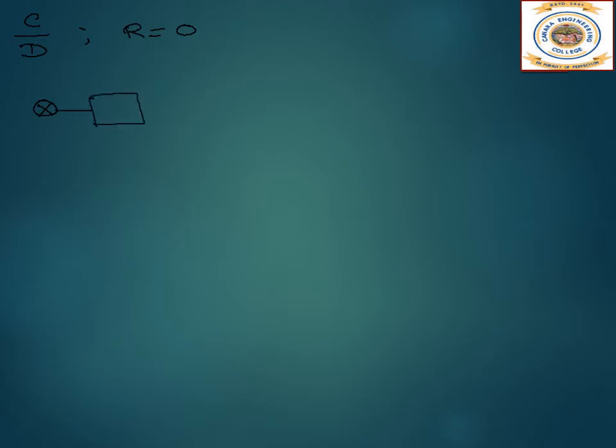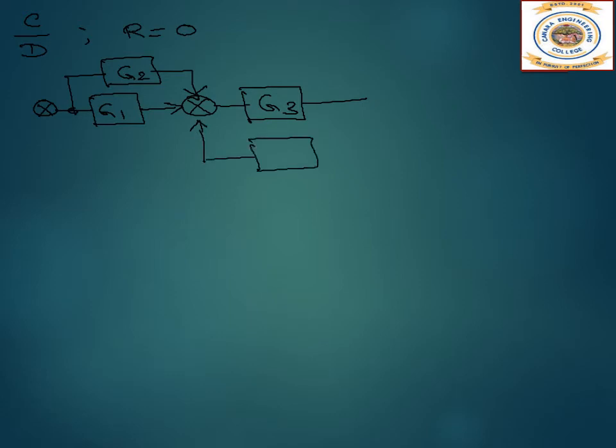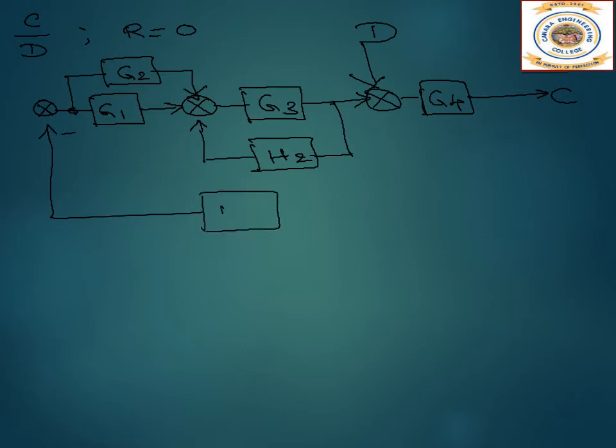So we have G1, then summation, and here we have G2, both positive, G3, and the feedback with H2, and here we have the summation with D, then G4, and here we have C. Be careful with the arrow directions. Here we have a negative feedback H1.